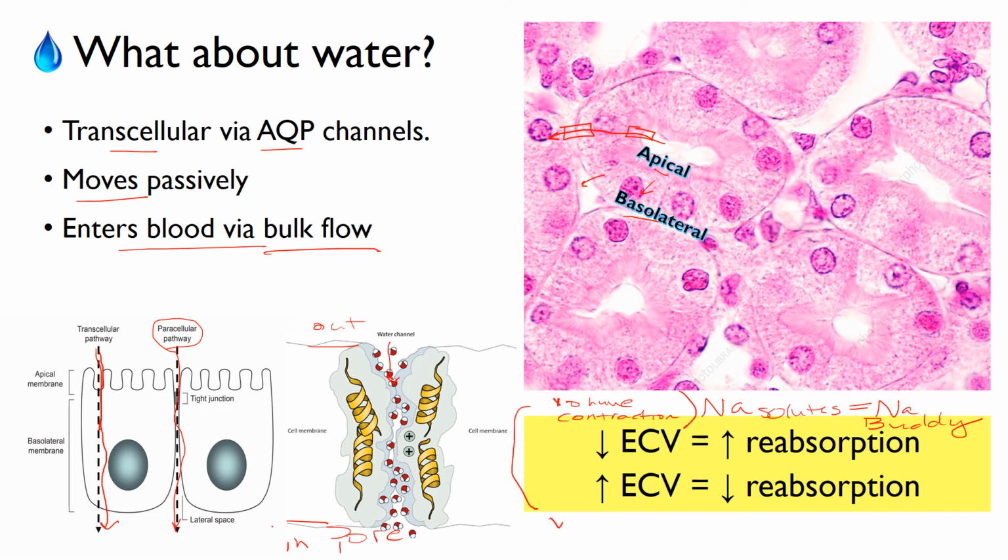If you have a volume expansion for one reason or another, you're fluid overloaded, then you have decreased reabsorption of solutes because you have decreased reabsorption of sodium and all its buddies. Meaning we can conceptualize, say, take calcium, for instance, that in a volume contracted state, you will have an increased reabsorption of calcium because of this phenomenon.